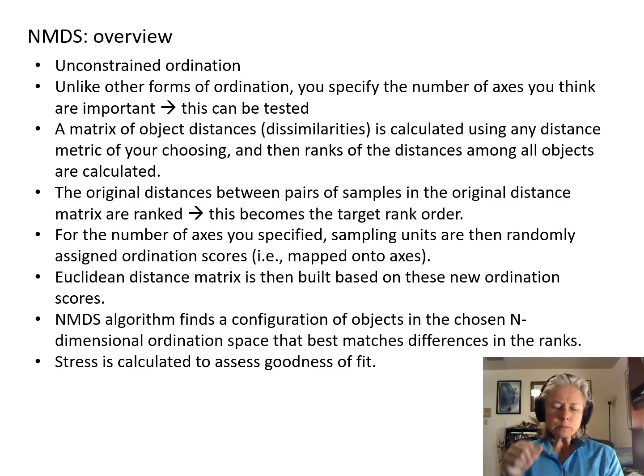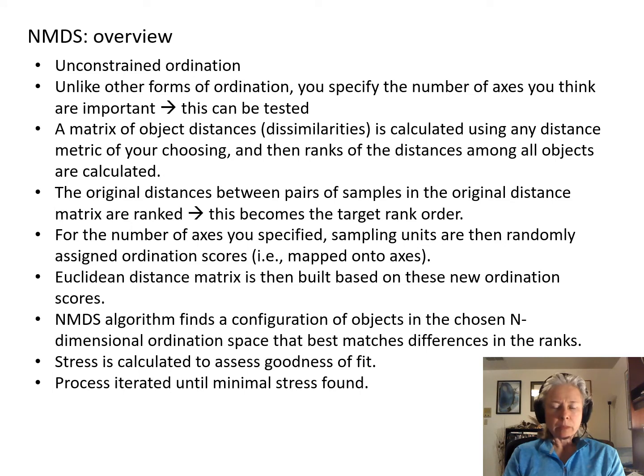So stress of the ordination tends to increase with your sample size and with the number of response variables, because you have a more complicated data set. And just like in life, high stress is a bad thing.